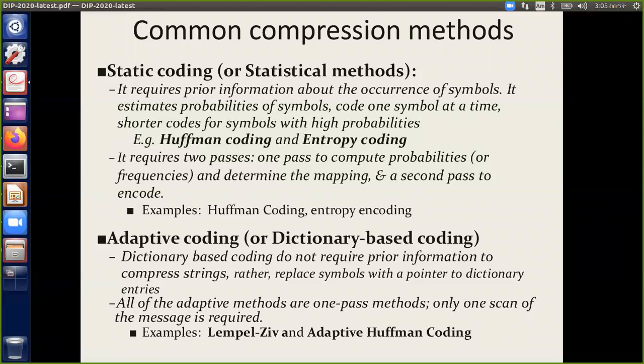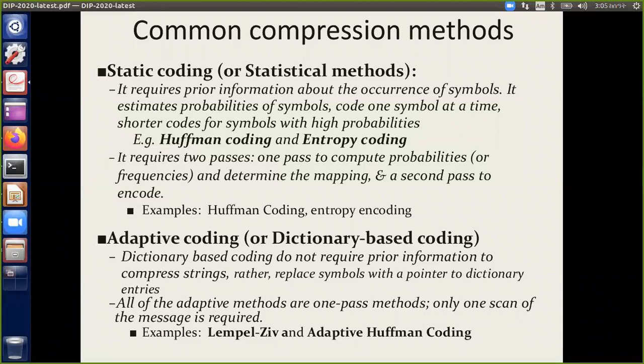But when we come to adaptive coding, since the full information is not available, there is no way to calculate the probability of occurrence of symbols within an image or within textual data or within an audio file.